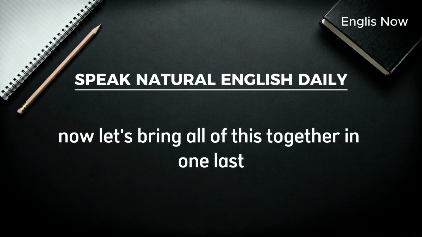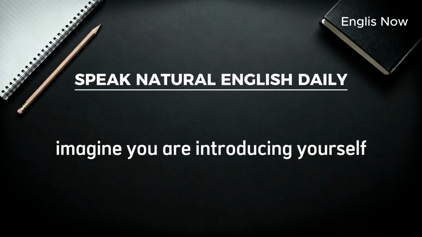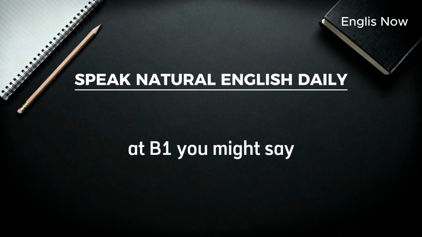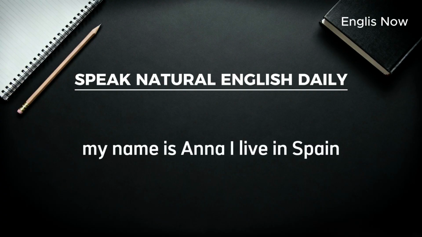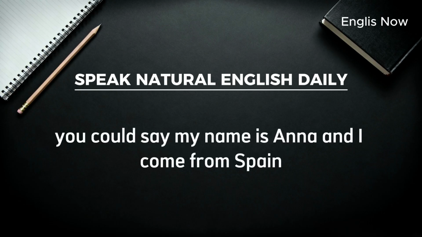Now, let's bring all of this together in one last real-life practice. Imagine you are introducing yourself to an international audience. At B1, you might say, My name is Anna. I live in Spain. I like reading. At C2, you could say, My name is Anna, and I come from Spain.